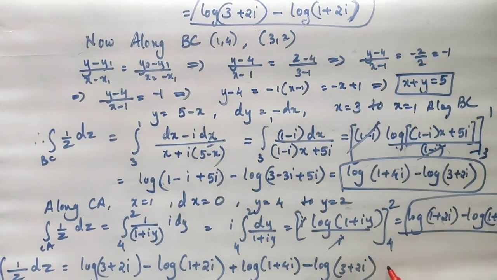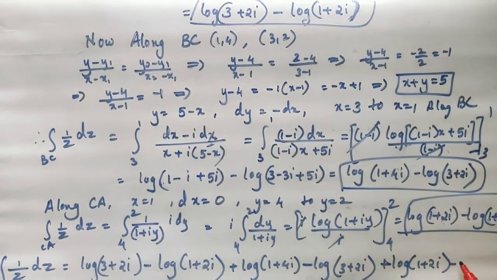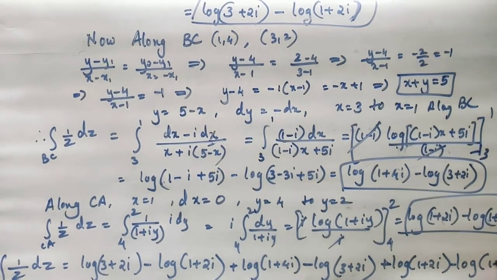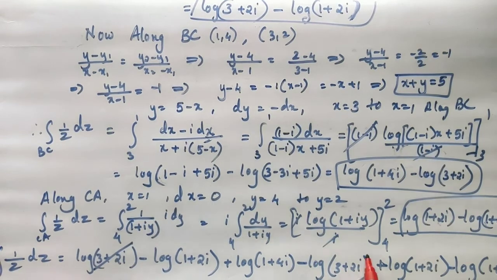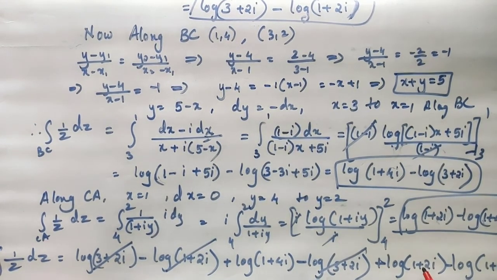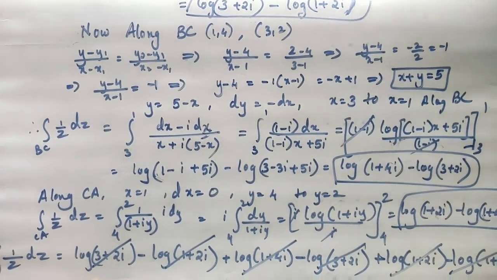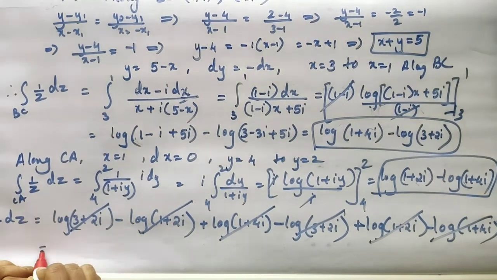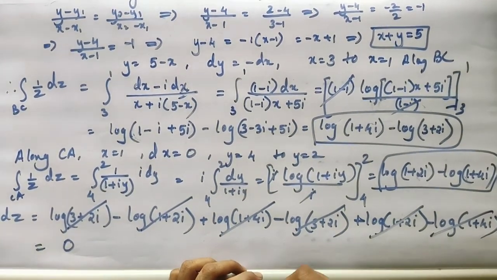Plus log of 1 plus 2i minus log of 1 plus 4i. You see, log of 3 plus 2i minus log of 3 plus 2i, minus log of 1 plus 2i plus log of 1 plus 2i, plus log of 1 plus 4i minus log of 1 plus 4i. All will get cancelled. You get 0. Hence, Cauchy's theorem is verified for this particular curve.